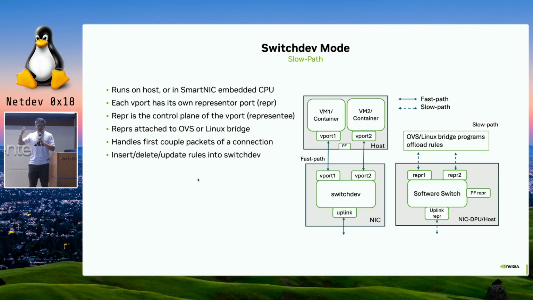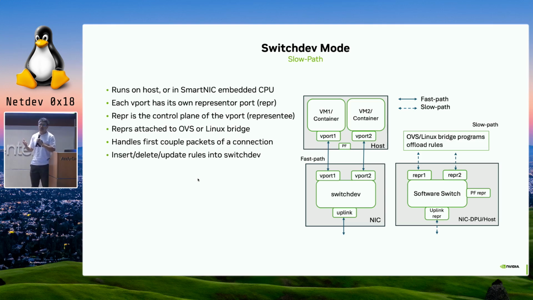And you have representor 2. With this, when the first packet comes out of the VM or out of the vPort, it actually goes to the slow path because your switchdev flow table is empty. So it goes through to the slow path, the representor netdev. And in the representor netdev, you can run OVS or Linux bridge with hardware flow enabled.